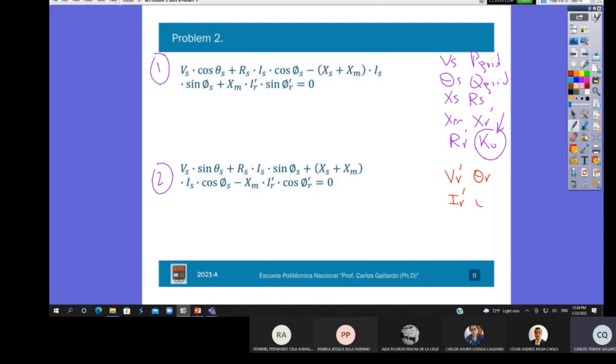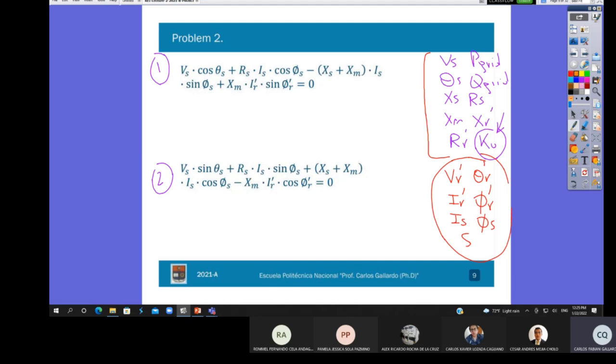I will use phi. This is referred to the stator side. What else? I will have the stator current and the angle, which are unknown. And finally the slip. So I will have 2, 4, 5, 6 unknowns. And this is data.